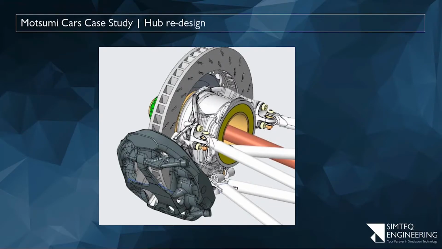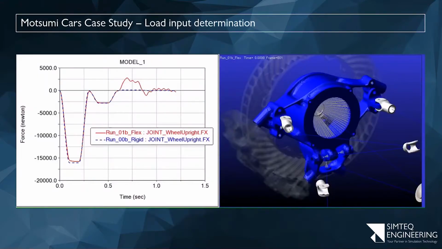This is the rear axle and the drive shaft shown here connected to the wheel and the hub, and that being connected to the braking system. So first of all, we had to determine what the loads were for this case. The customer gave us the road wheel forces for a number of sequences or road events.